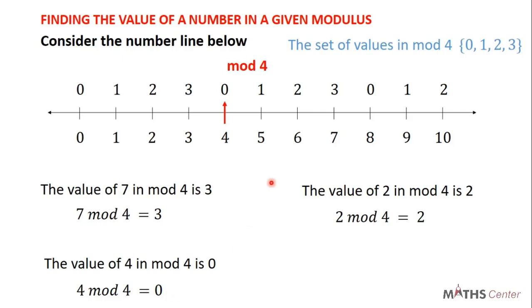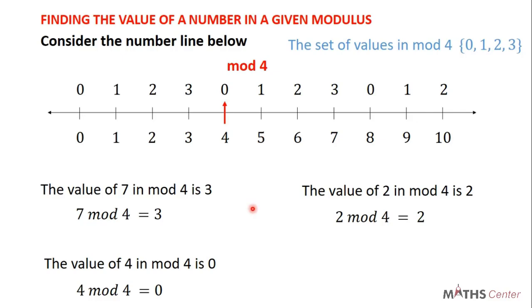So you can see that using this approach, we can find the value of any number in any given mode. For example, if you want to find the value of 5 in mode 5, all you do is list the set of numbers in mode 5 against this set of whole numbers. Then the one that corresponds to 5 will give you the value of 5 in mode 5.